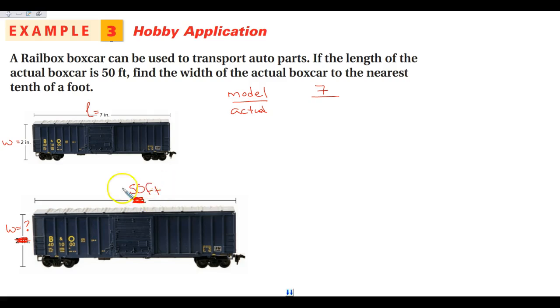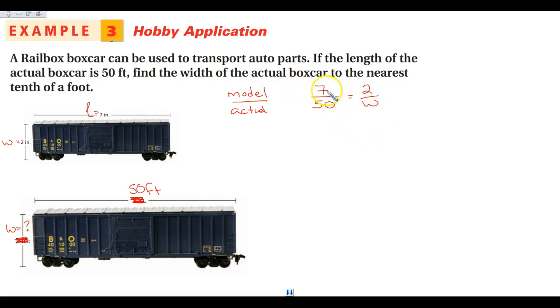The length of my larger figure is 50 feet. I don't have to worry about units here because this is inches, inches, this will be feet, feet, it will be fine. You don't have to convert anything. The width of my model boxcar is 2 inches, and the width of my actual boxcar is what I'm looking for.